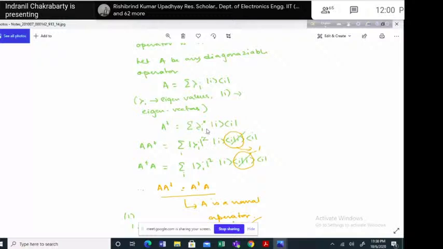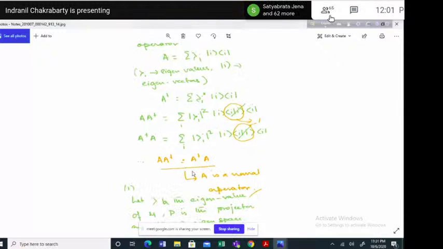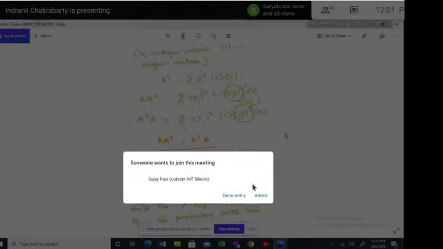So A dagger will be the sum of lambda_i star |i><i|. Then A dagger A will be the sum of mod lambda_i squared |i><i|, since <i|i> becomes 1. Similarly, A A dagger will be the sum of mod lambda_i squared |i><i|. So A dagger A and A A dagger are equal. That means A is a normal operator.